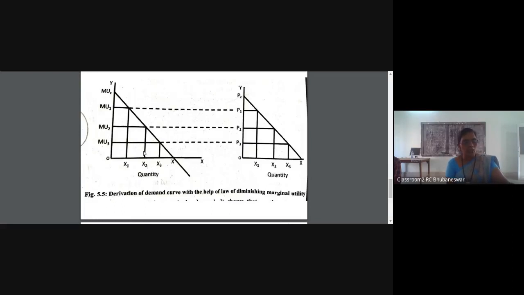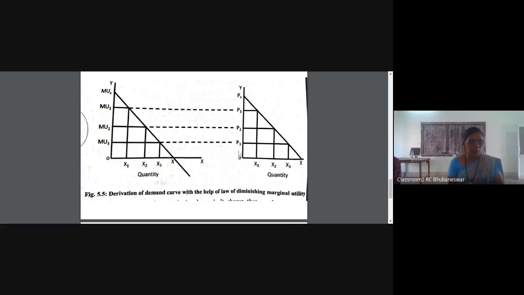In case of X3, he gets MU3 marginal utility, which is diminishing in nature. The more units of quantity he takes, the less, decreasing marginal utility he gets.